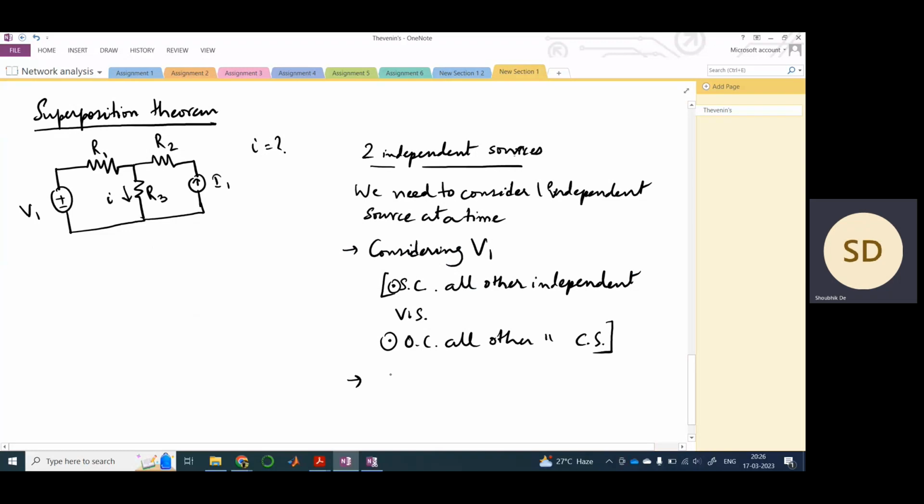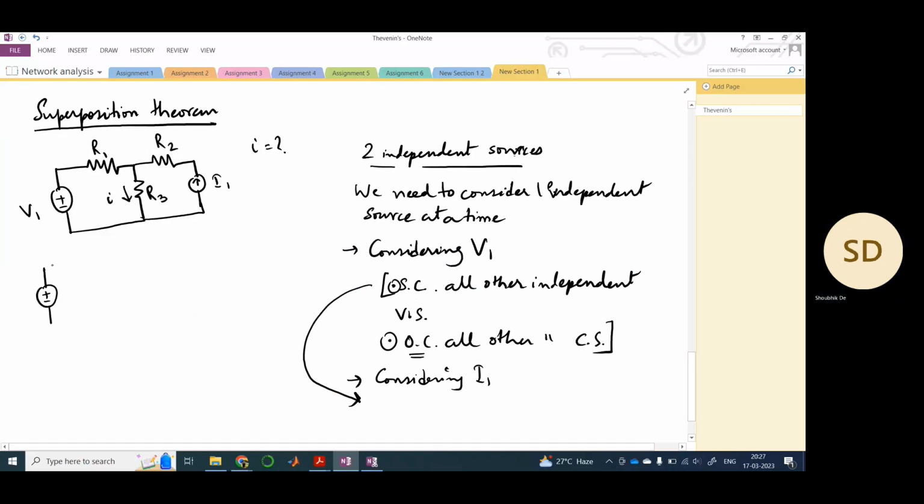Similarly, if we are considering I1, the same thing would get repeated here. Basically, if we are considering V1, we need to open circuit all other current sources. Therefore this would be your equivalent circuit.